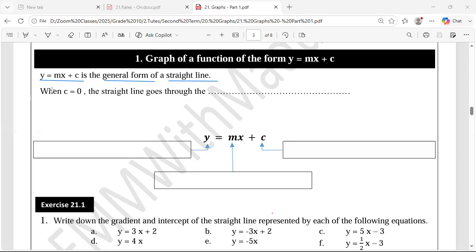Right? Then when c equals 0, what does it become? The straight line goes through the origin. Origin means 0, comma 0.